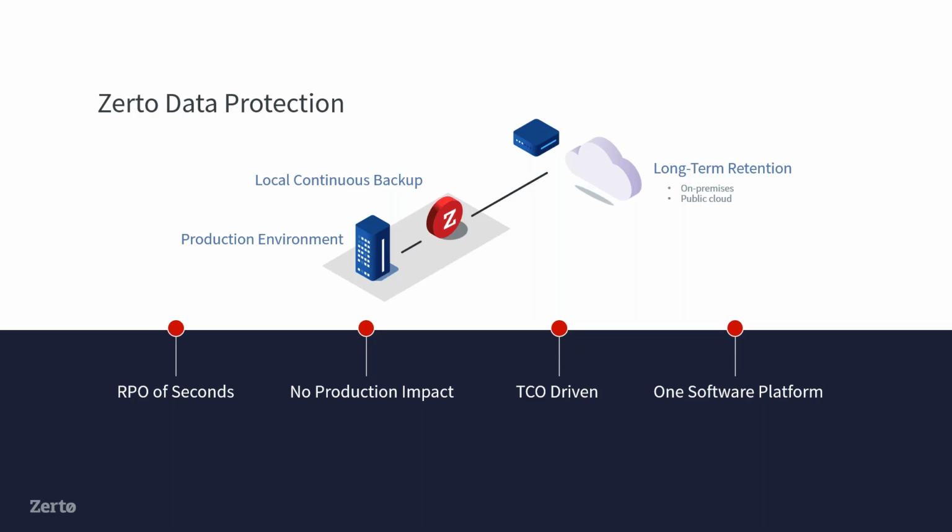And this has been a TCO-driven decision as well, because using our software-only scale-out architecture, scaling at the front end of the application, we don't require any additional compute, dedicated servers, or dedicated appliances. We solve everything using our virtual replication appliances, within our single, simple, scalable platform.